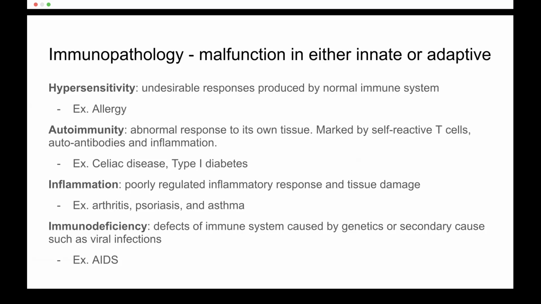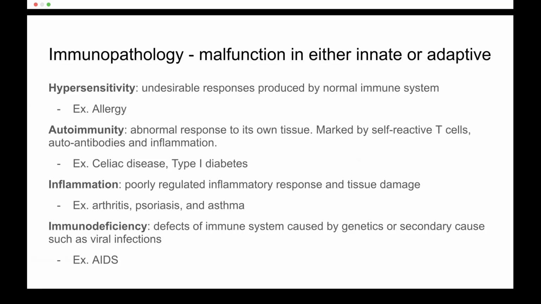So they gave examples of celiac disease, which is when you are allergic to gluten, and also type 1 diabetes, which is when your immune system attacks your own beta cells. So it can no longer produce insulin.